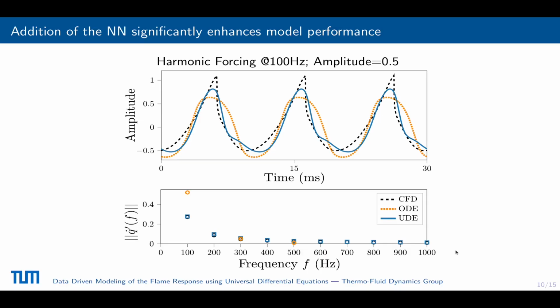So now in blue, you see, in addition to the already presented results, you see the response of our UDE, so of our system that is now enhanced by a small neural network. And you can immediately observe that the addition of the neural network significantly enhances model performance. So again, in blue, we now see a significantly richer response. So we have harmonics basically also up to 1000 Hertz.